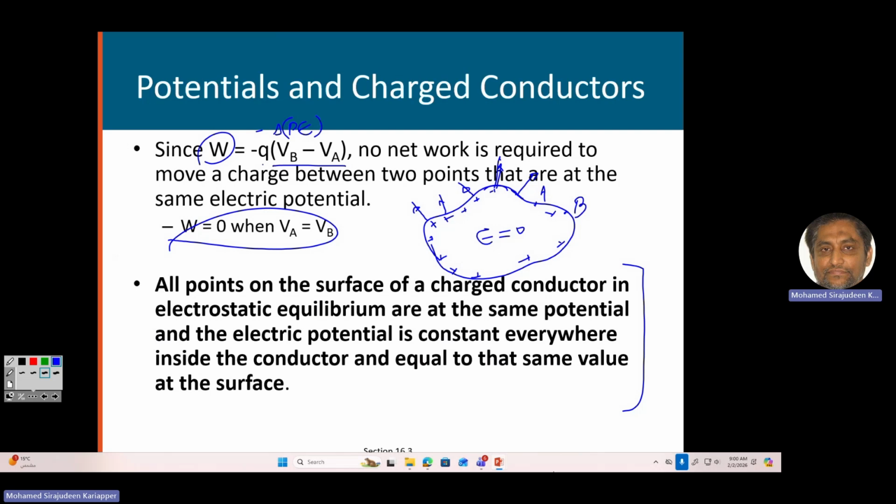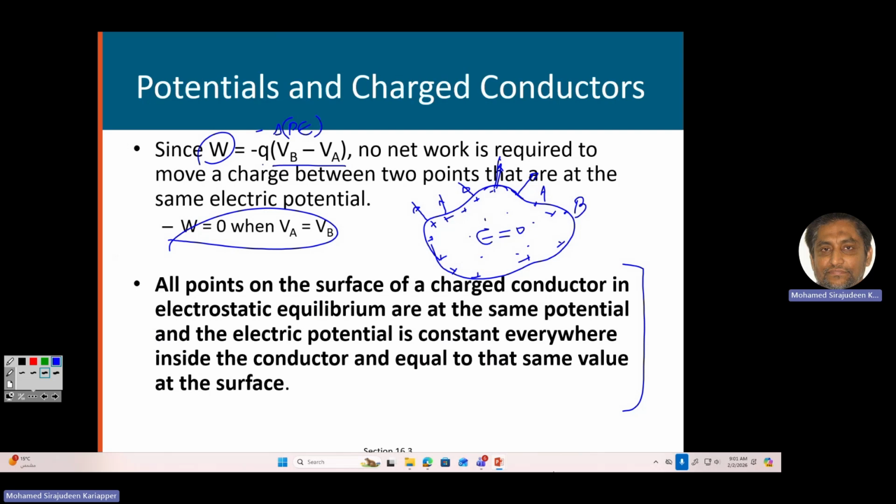And the electric potential is constant everywhere inside the conductor and equal to the same value on the surface. Not the electric field, I'm talking about the potential. So every point will have the same potential, and the potential inside that conductor will be the same as the potential on the surface.